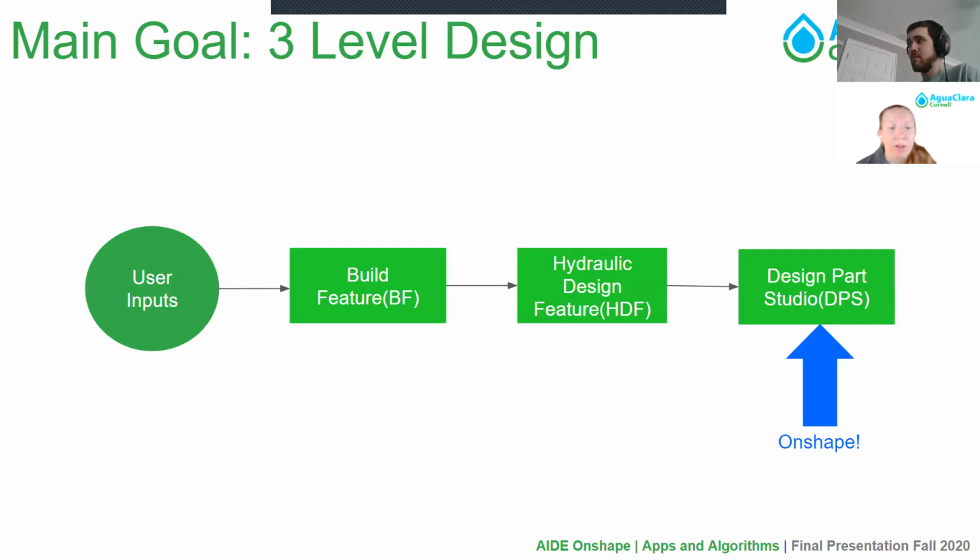These variables are used in the design part studio, or the DPS, to create the customized geometry. The reason AIDE is moving to implement 3-level design is to decrease runtimes and to avoid the crashes that we would face once we started putting the main unit processes together, as well as make it easier for all users to create a plant.